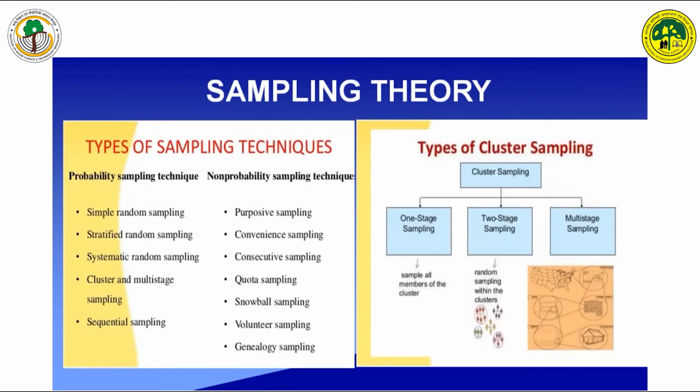Only I have to draw the sample from the sandalwood. So purposive sampling is biased only. You have to draw the sample only from the Mysore sandalwood forest range. You cannot try some other area. That kind of sampling can be referred to as purposive sampling.